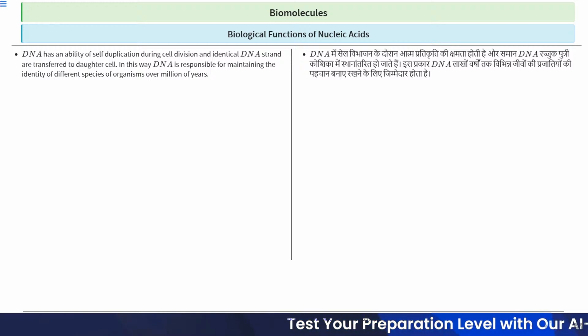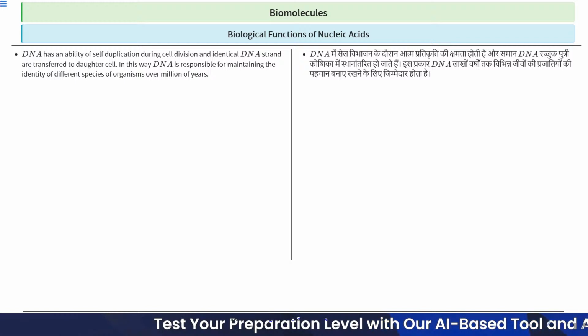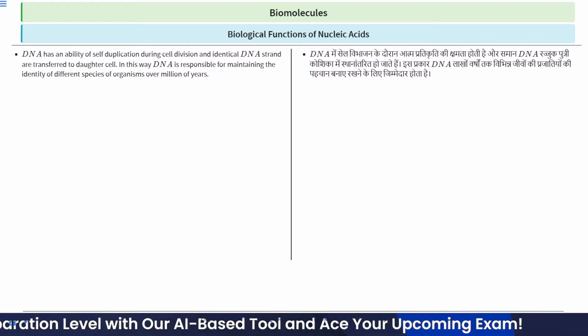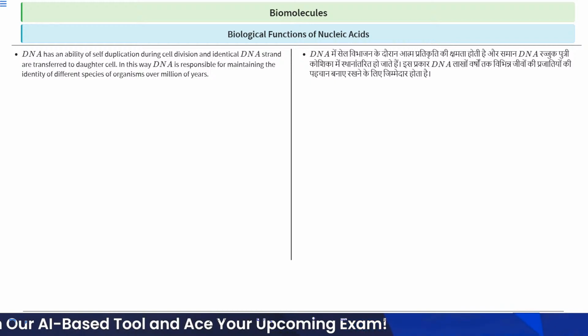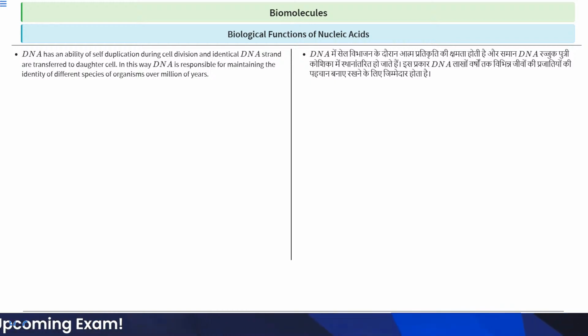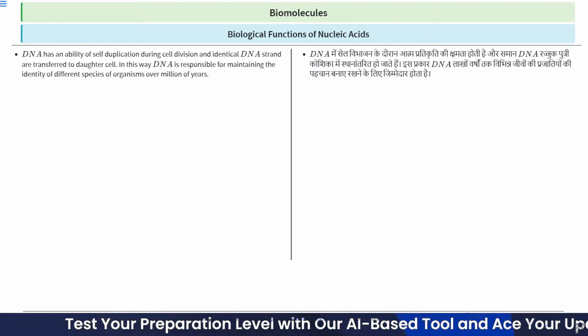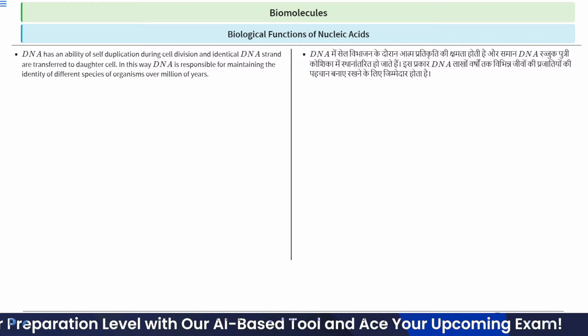So basically when a cell is divided into two, DNA will self-duplicate and that identical DNA strand will be transferred to the new cell which just divided from the parent cell. In this way, DNA is responsible for maintaining the identity of different species of organism over millions of years.